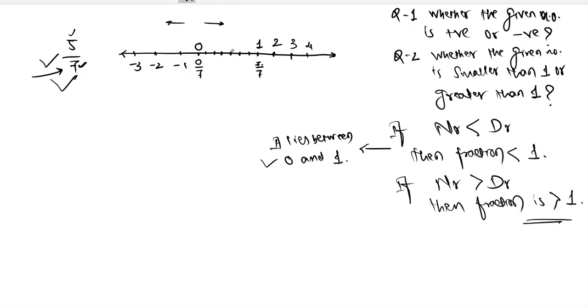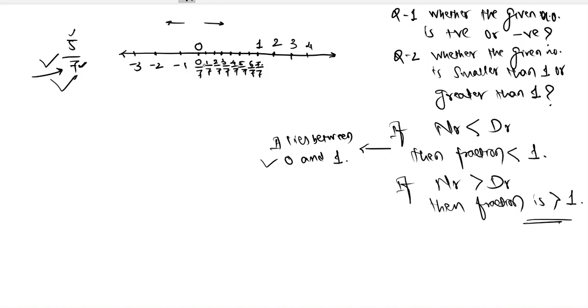So each division has its own meaning, has its own value. So what is the first division's value? 1 by 7. Then 2 by 7, 3 by 7, 4 by 7, 5 by 7, 6 by 7. You see that? You have divided that space into 7 equal parts, and each section has its own value.